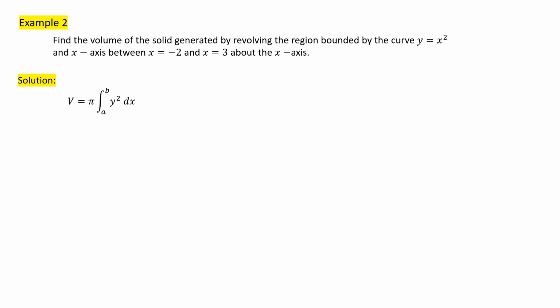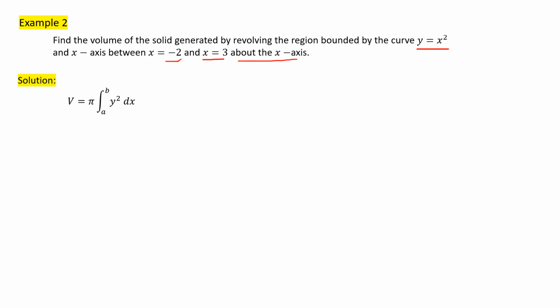Let us see example number 2. So here also first you have to look for the curve. Here the curve is y equal to x power 2 and the two limits given are x equal to minus 2 and x equal to 3, and this also revolves about the x-axis. So again I am going to use the same formula.